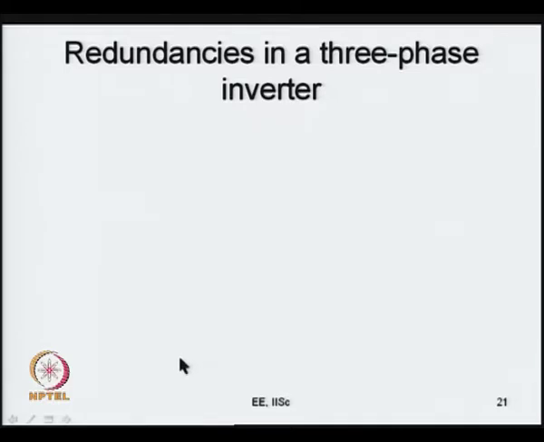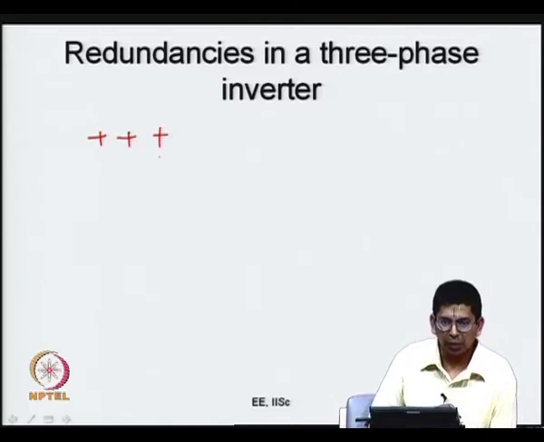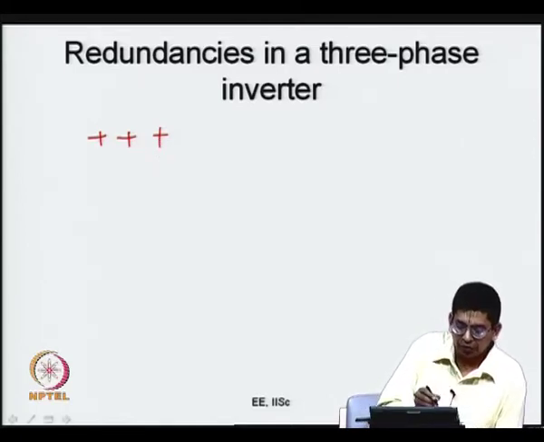Now, once again in 3-phase inverter there are redundancies. What is the redundancy? Very very similar to what you had in case of a single phase inverter. That is, when your load is being shorted, you can have the situation what I would say as plus plus plus. What I mean by plus plus plus is R phase, Y phase and B phase.